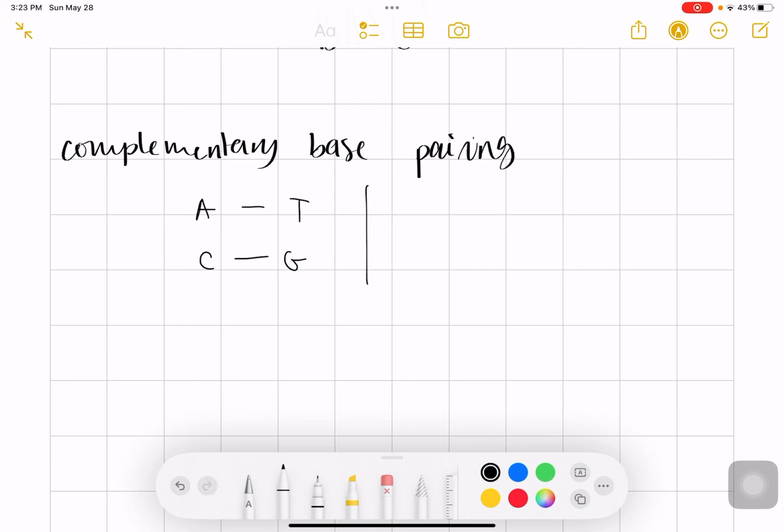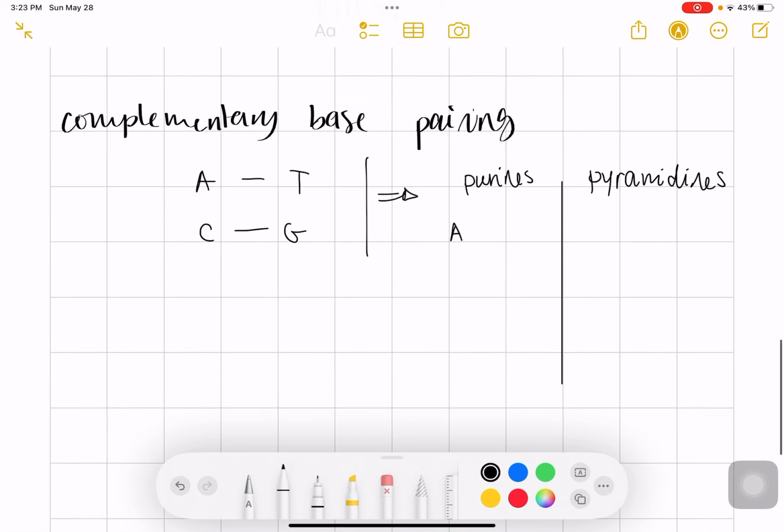Now, moving further into this concept, there are two types called purines and pyrimidines.